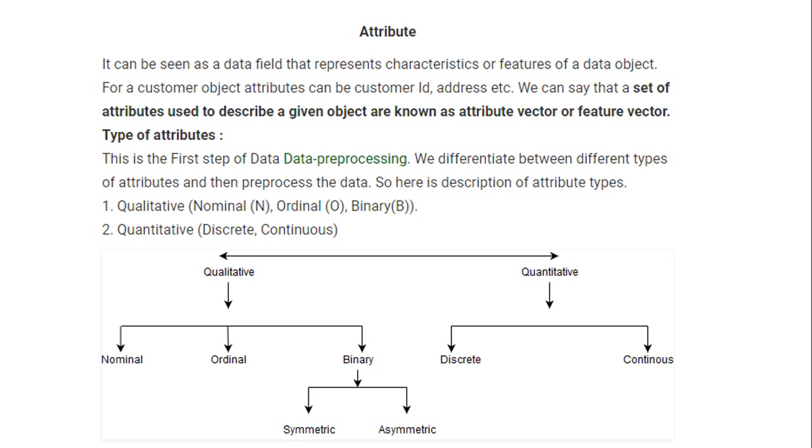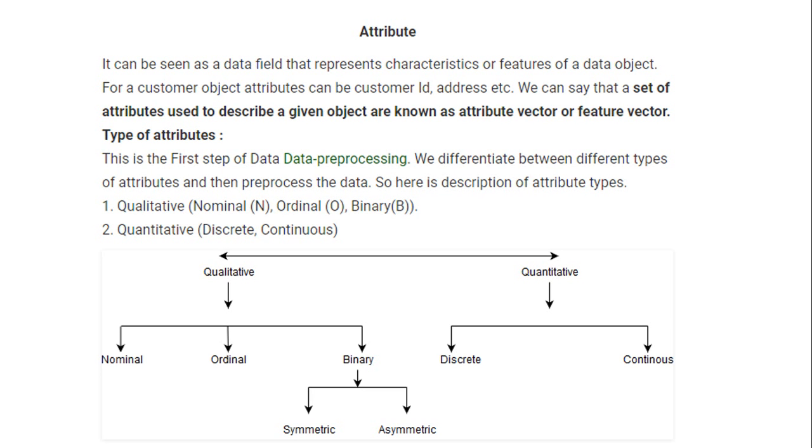Possibly we can say when it's 0, the customer is dissatisfied. You understand that? So 1, somewhat dissatisfied. 2, maybe neutral. 3, fully satisfied. 4, very satisfied. So this is how we can categorize our ordinal attributes.